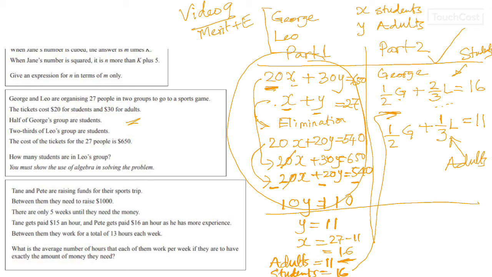Okay, one of the advantages, if I subtract this one from the top one, half G and half G will cancel out, and 2/3 minus 1/3 will give you 1/3 Leo's group should be equal to 5.